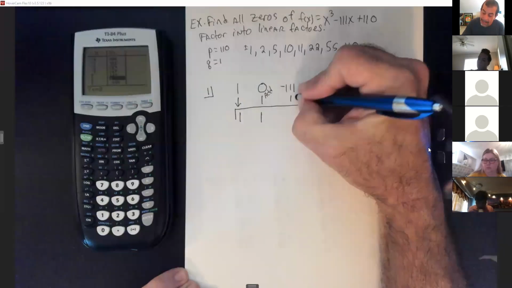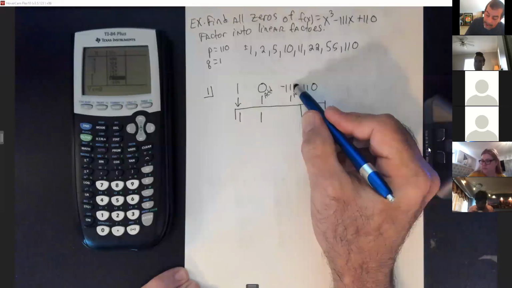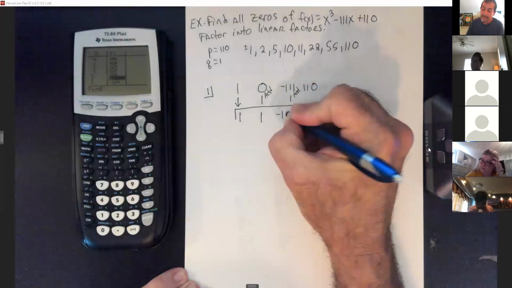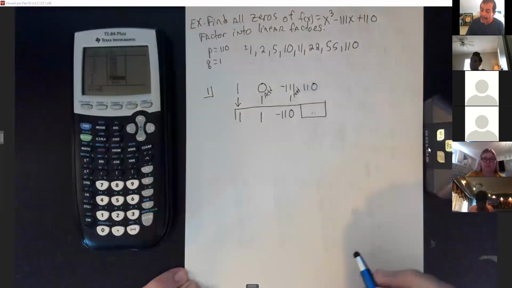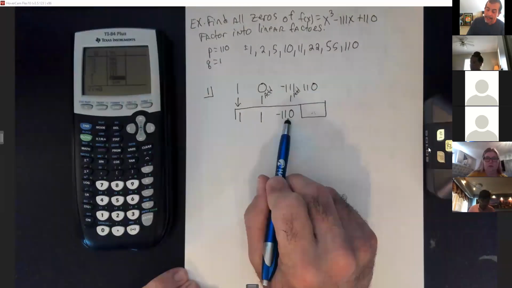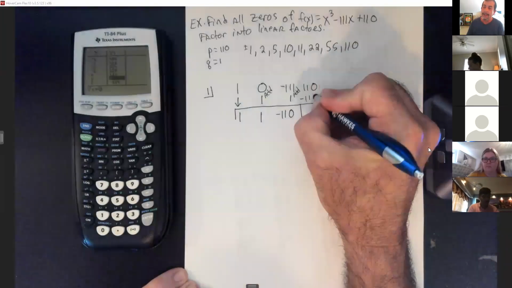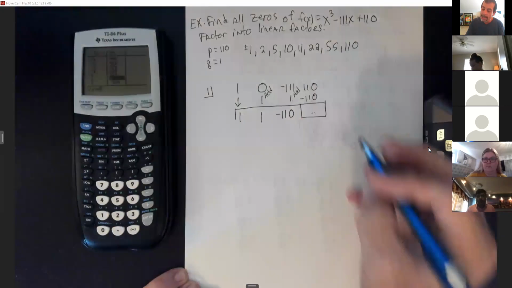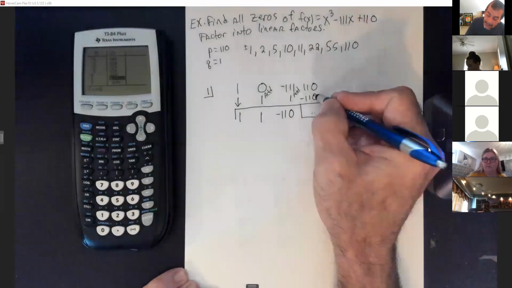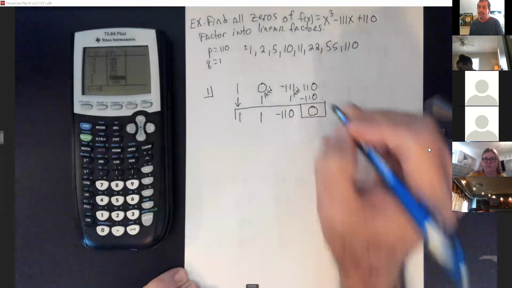We're going to add this row now. -111 plus 1 gives me a -110. And then I take that -110 times that 1, and I get a -110. So now 110 minus 110 gives me a remainder of 0.